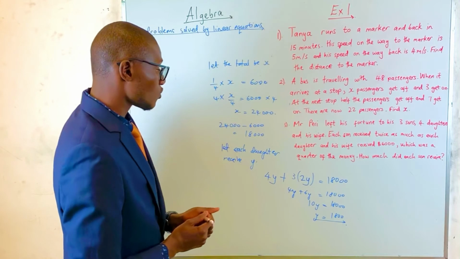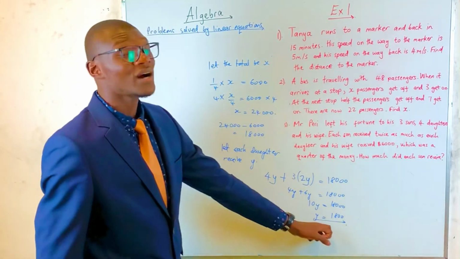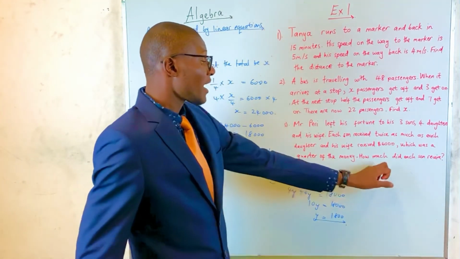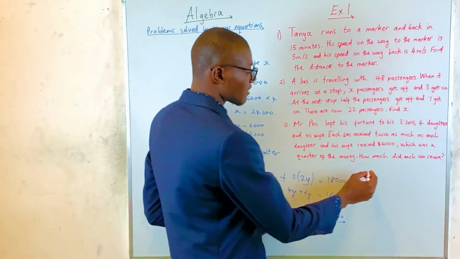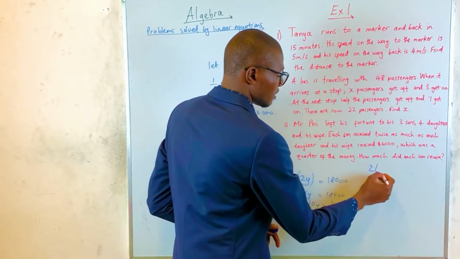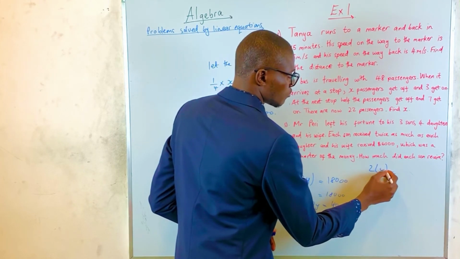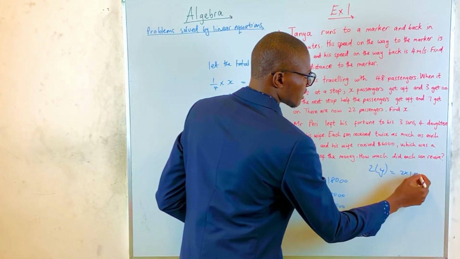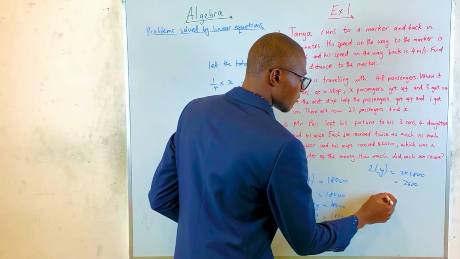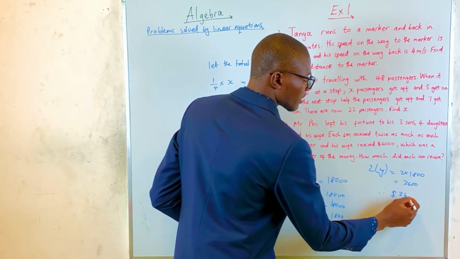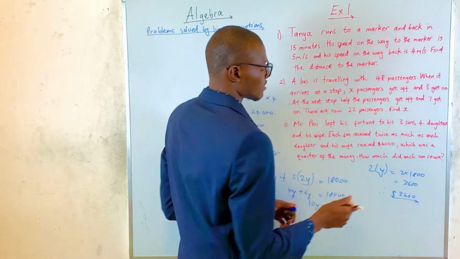So it means each daughter received $1,800, but we're asked to calculate how much did each son receive. So if each son receives twice as much as each daughter, 2y will be 2 times 1,800, which is 3,600. So therefore each son receives an amount of $3,600.